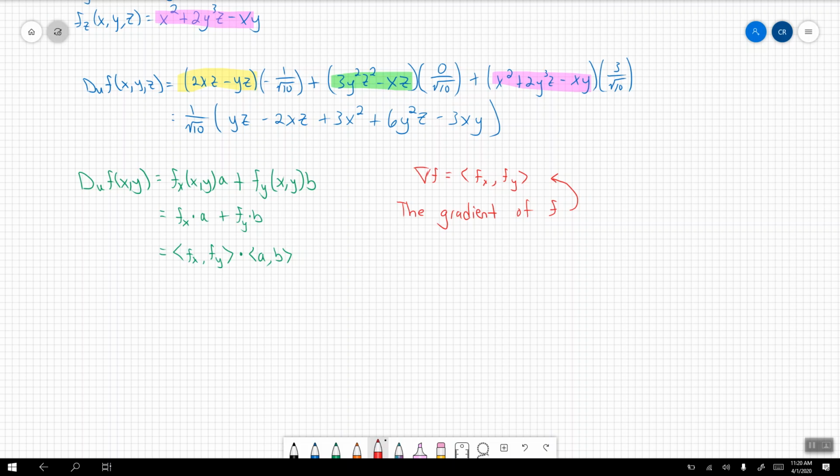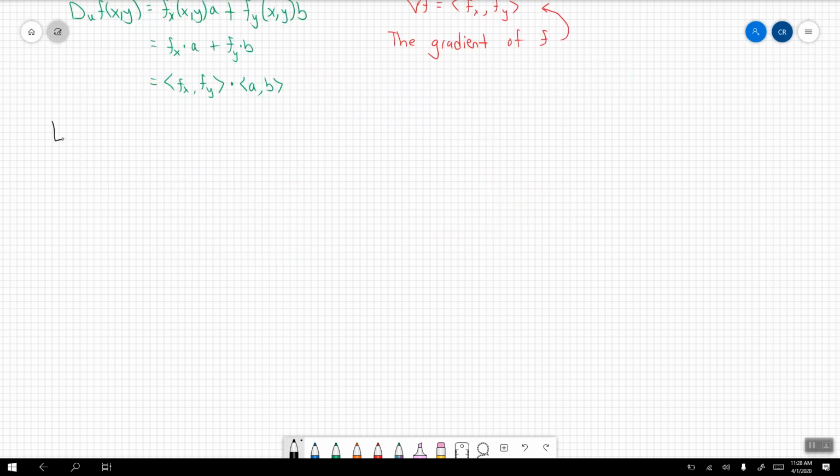All right. So for the next examples, we're going to work with directional derivatives again, but this time around, we're going to use our newfound gradient to elaborate on those directional derivatives. All right, so let's work with the first example then. Find each directional derivative.